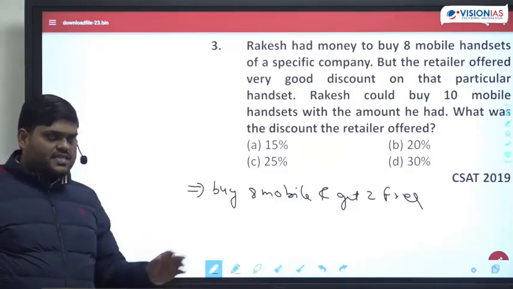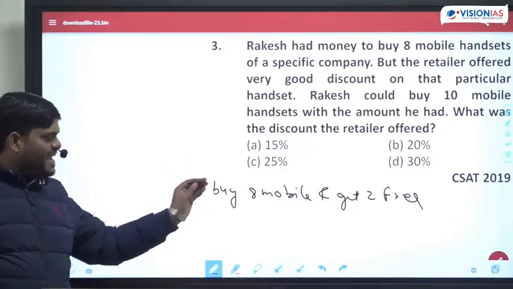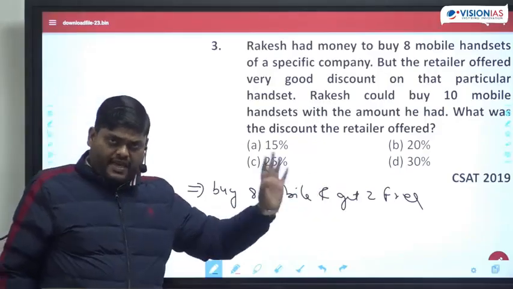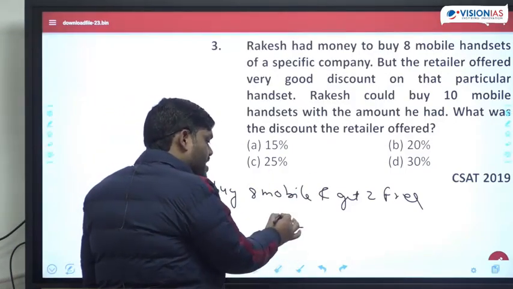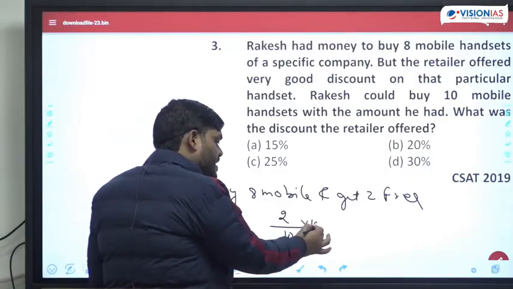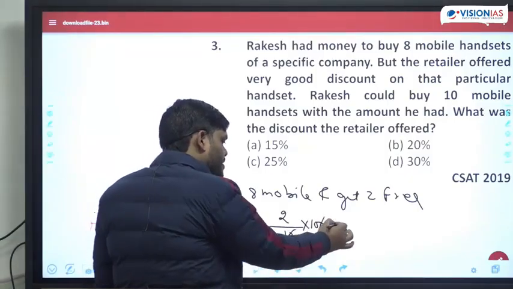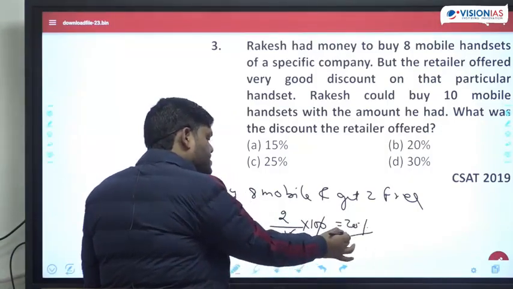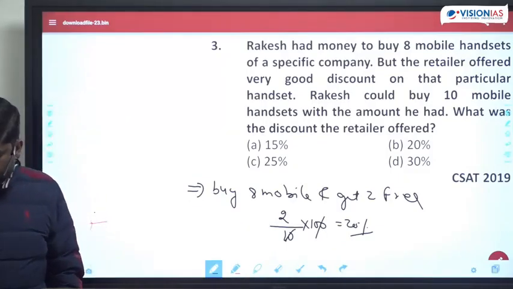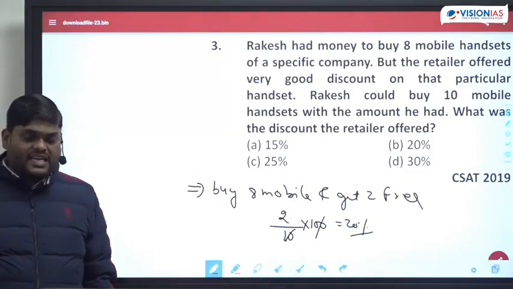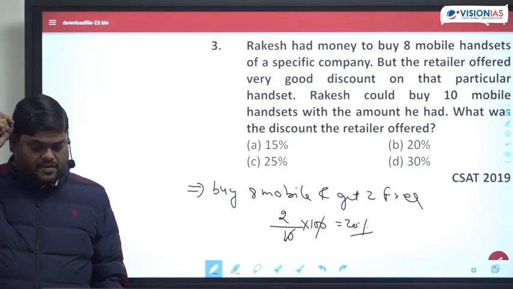As simple as that. This is what we have done till now. Buy 8 items and get 2 items free. That means total 10 items are there, out of which 2 items are free. In 200, the answer is 20%. Please ask your doubt exactly where you guys are making the mistake.